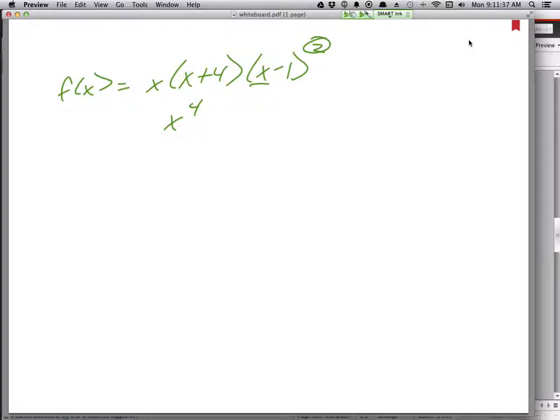Now what do I want to do to find the zeros? Set it equal to 0. And what do we usually do after we do that? We factor, but what's going on with this one? It's already factored.